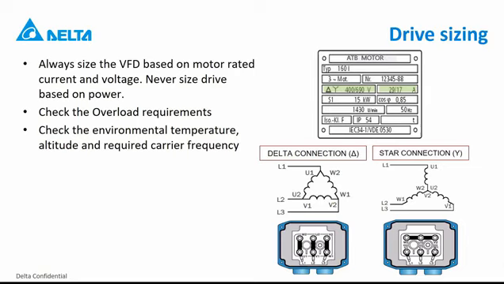If the installation is at some really high altitudes, over 1,000 meters, then you also need to derate for that. We have some derating graphs: for each 100 meters or so, you have to derate by a certain percentage, because at higher altitudes cooling becomes less efficient.